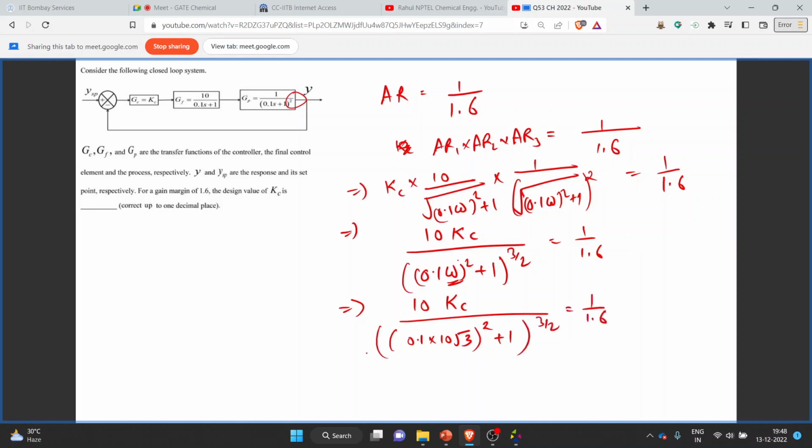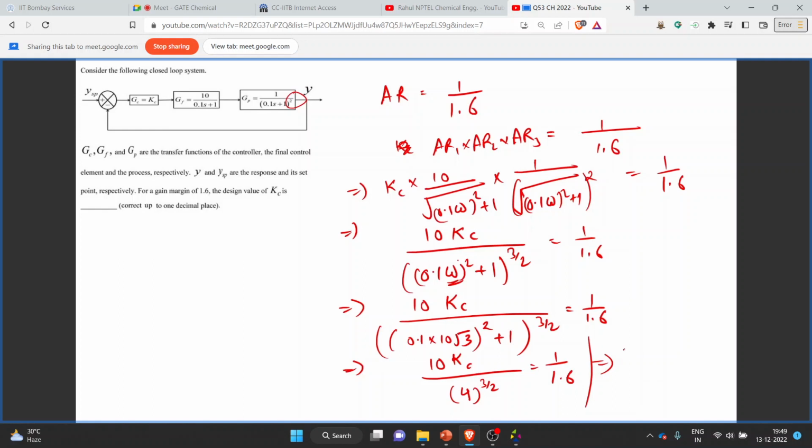So this will become 10 times Kc upon (0.1 times 10 root 3, that is root 3, whole square, that is 3, plus 1, that is 4) raised to 3 by 2, is equal to 1 upon 1.6. 4 raised to 3 by 2 will be 2 raised to 3, that is 8.